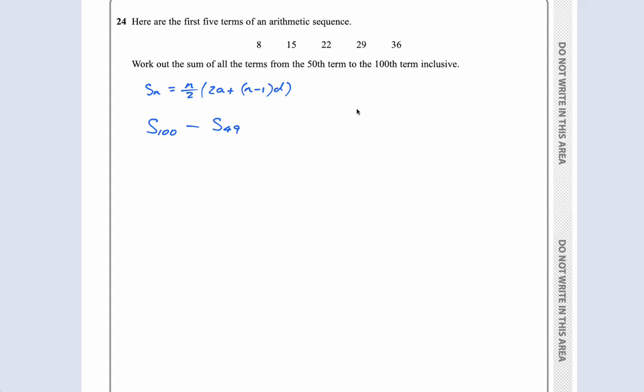Now that's a bit confusing to get your head around, guys. You might want to pause the video and try to understand what I've actually done there. But this will give me the sum of the terms from the 50th to the 100th. Because it says inclusive, that's why I did 49 and not 50, because we need to keep the 50th. It would be a bit like if I said the sum of the 4th and 5th terms.